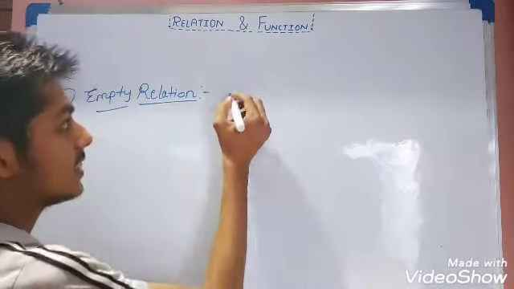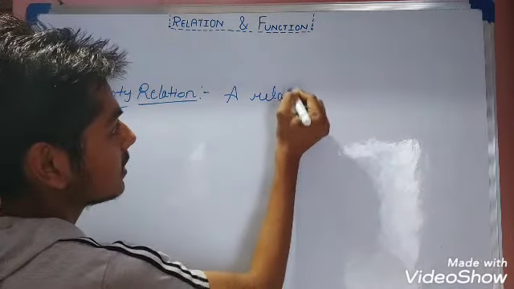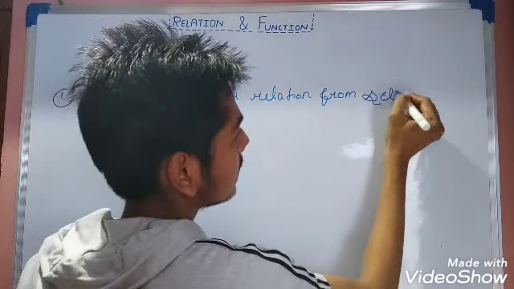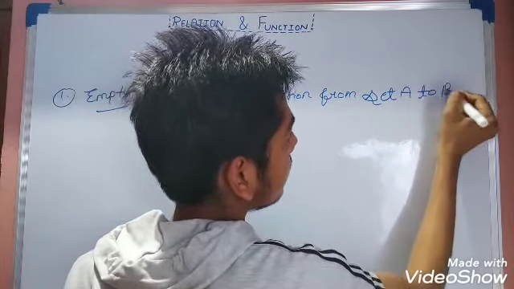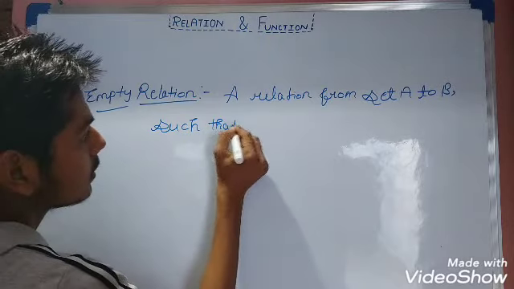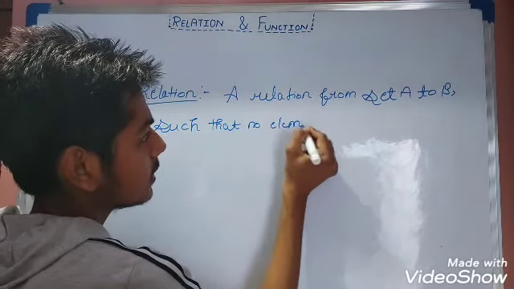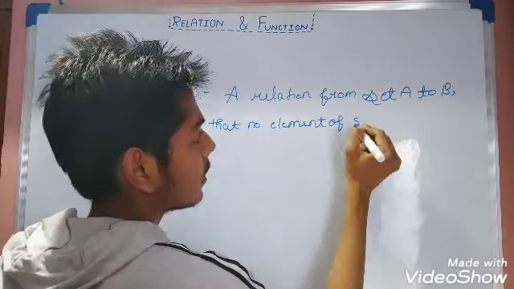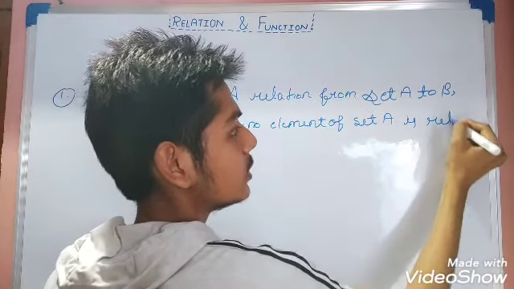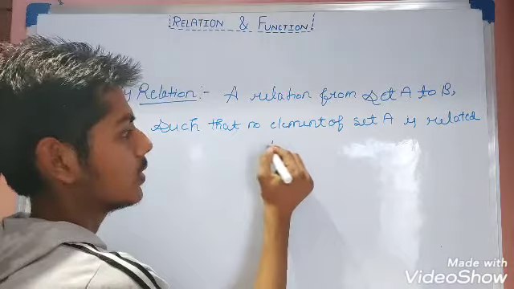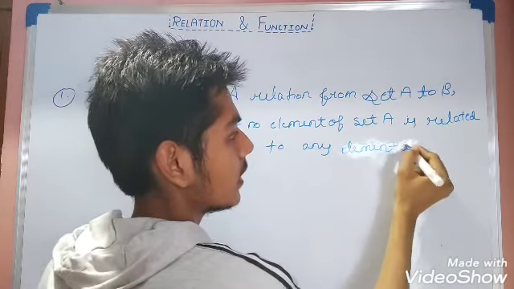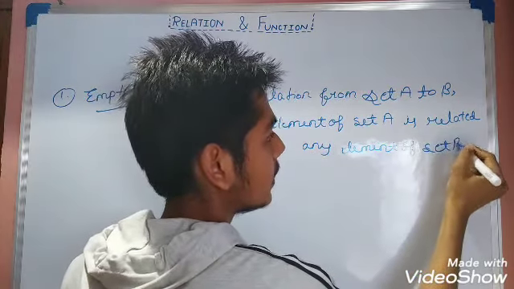An empty relation is a relation from set A to B such that no element of set A is related to any element of set B.